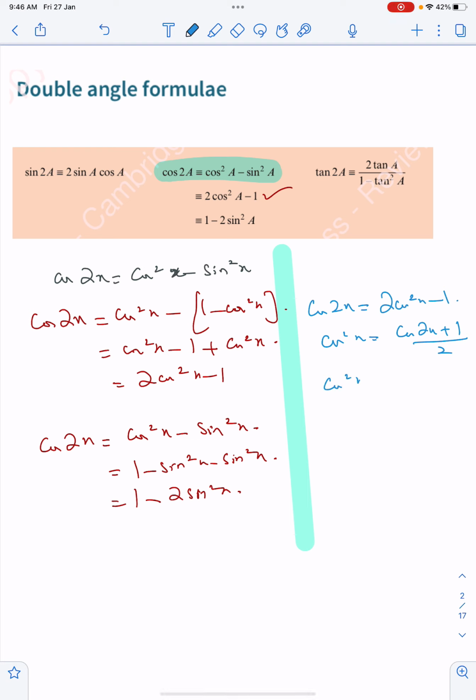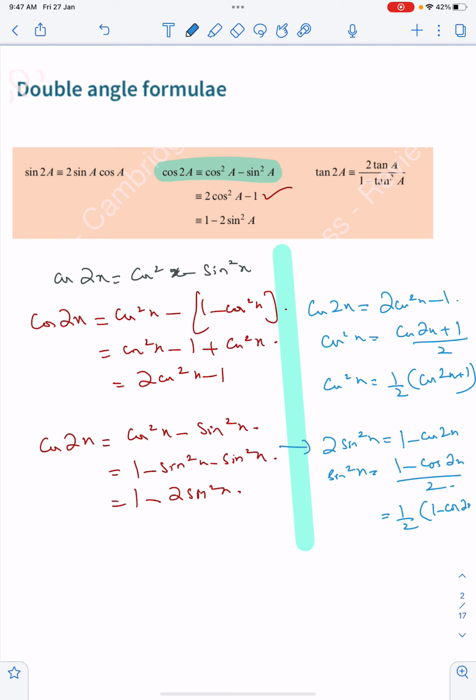You can even write it as 1 upon 2 (cos of 2x plus 1). From here, if I want to make sine square x the subject, I write 2 sine square x equals 1 minus cos of 2x. So sine square x is (1 minus cos of 2x) divided by 2, or 1 upon 2 into (1 minus cos of 2x).